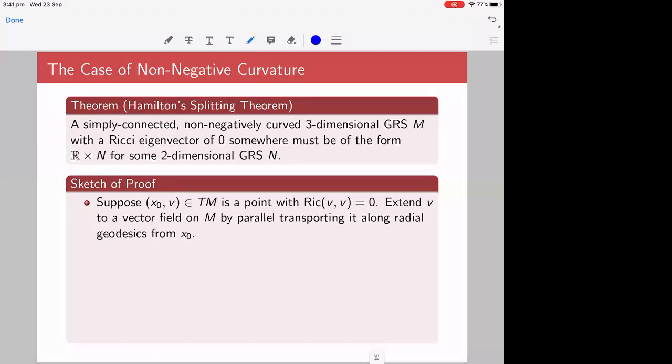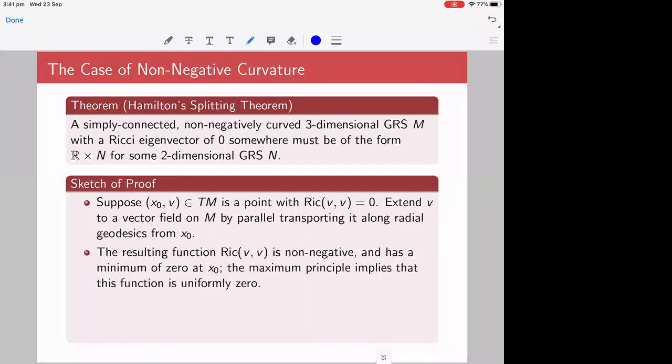The way that works is through parallel transport, done along radial geodesics from your point x0. Provided you're connected and geodesically complete, this does make sense. It may not be well defined, but it does make sense because any 2 points can be connected by such a geodesic.